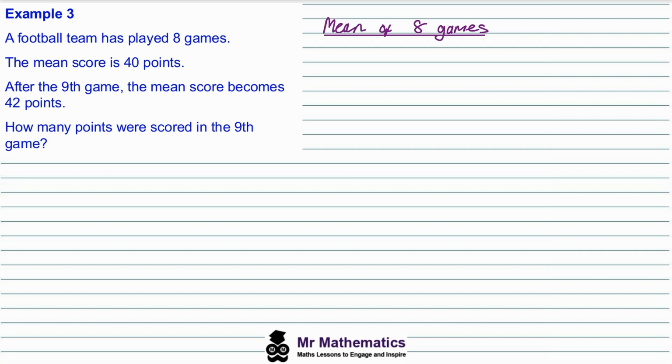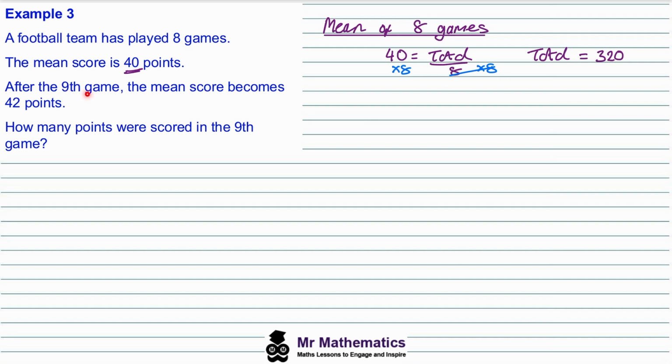So if we begin by working out the mean of the 8 games, we're told this is 40, and this will be the total score of them 8 games divided by the sample size of 8. So if we multiply both sides by 8, these will cancel, and the total score of them 8 games will be 40 times 8, 320 points.